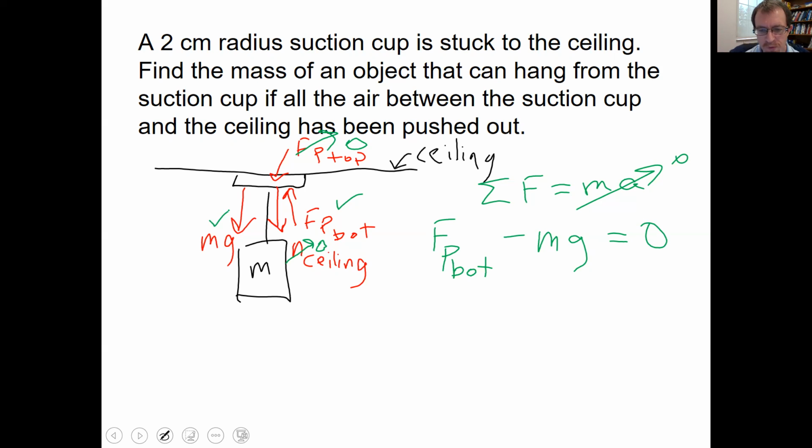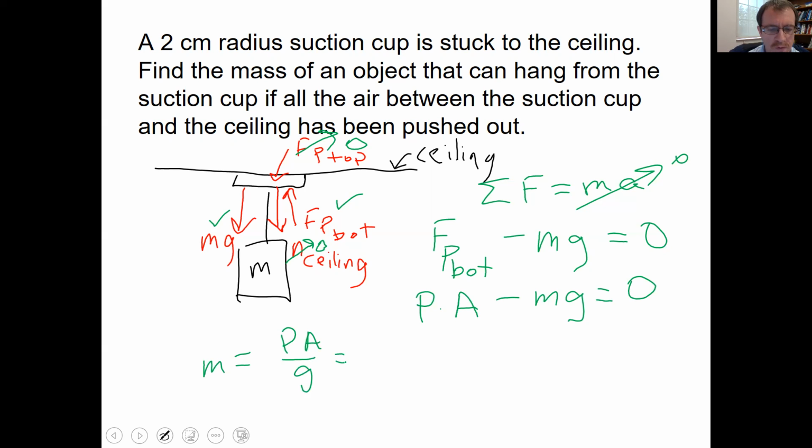All right, so let's proceed onwards. The force due to pressure is pressure times area. F is equal to PA. And then I've got minus mg here is equal to 0. Now, if I rearrange this equation, I will get that mass is equal to pressure times area divided by g.